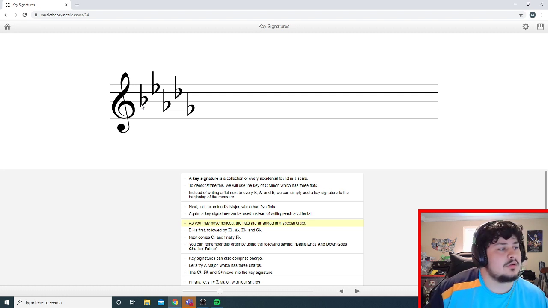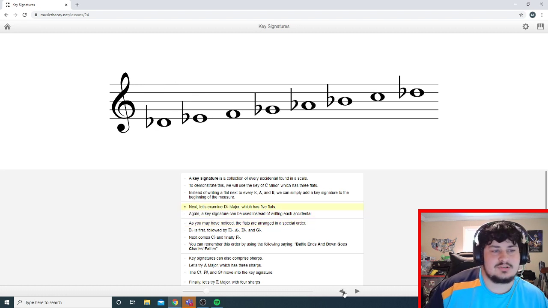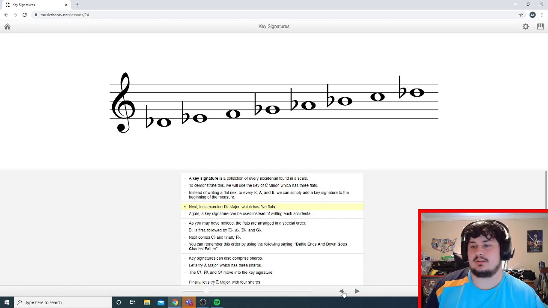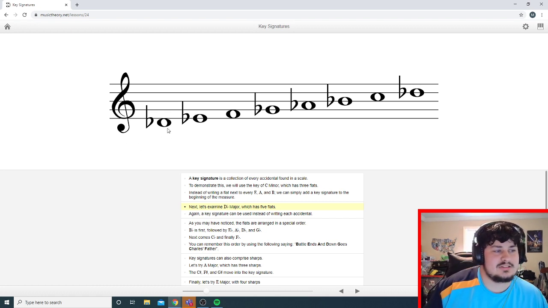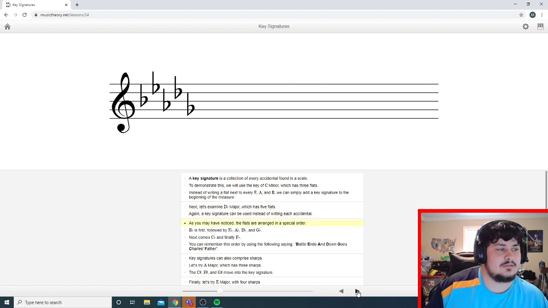So we've got 5 flats here. Now, here's the reason we have 5 flats. We have 5 flats to prevent us from doing this. Would you rather read this on the music, or would you rather read this? I would rather read this.